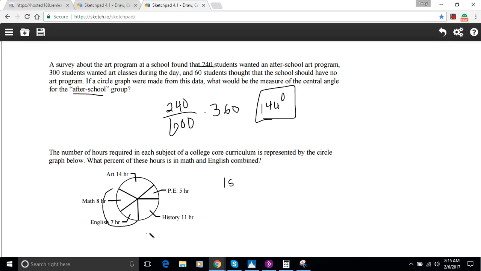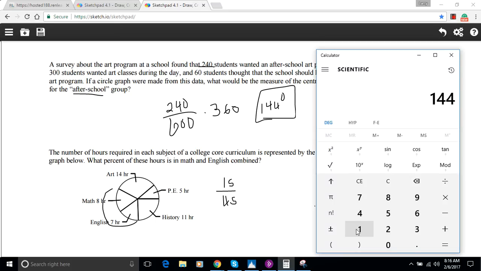And let's find the whole here. So that's 15 plus 14 would be 29. Plus 5 would be 34. Plus 11 would be 45. I think I got that right. Might want to check my math. But 15 out of 45 is the number of hours of math and English compared to the whole. So to find a percent here, we just divide this.